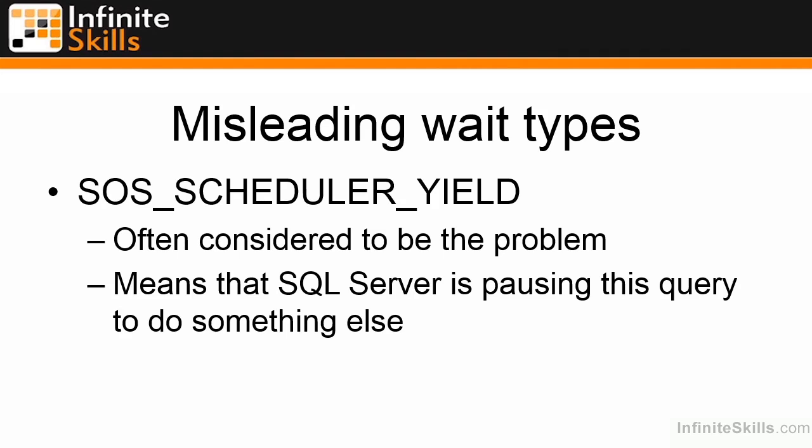Everything that SQL Server needs to get done is run through these queues. Everything that needs to get done is done in 4 millisecond chunks of time. Once something has run for 4 milliseconds, it's descheduled, and its scheduler is given to the next thing in the queue. The thing that was running that's just been descheduled is put in the back of the queue and is told to wait for its turn at the next 4 millisecond cycle.